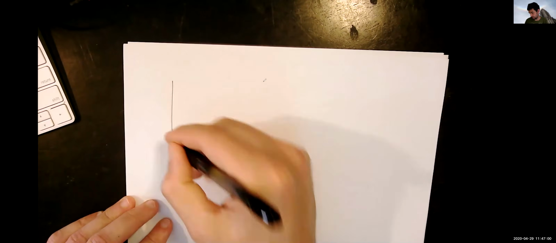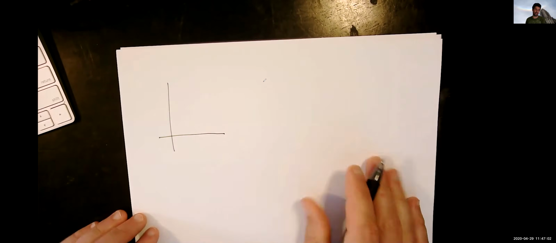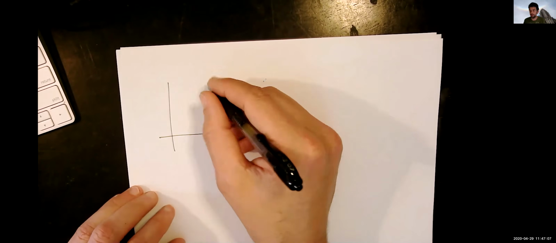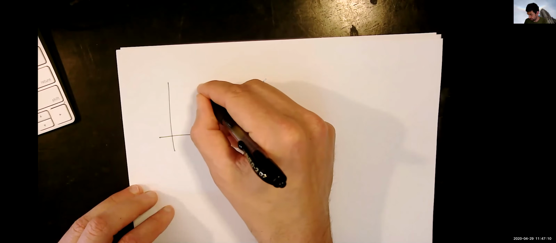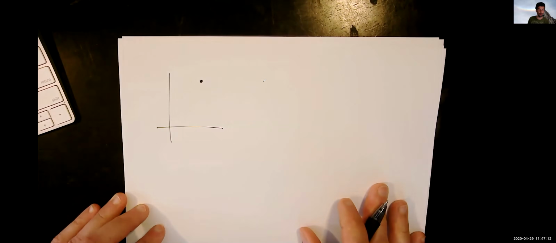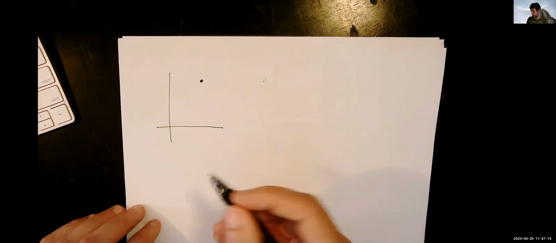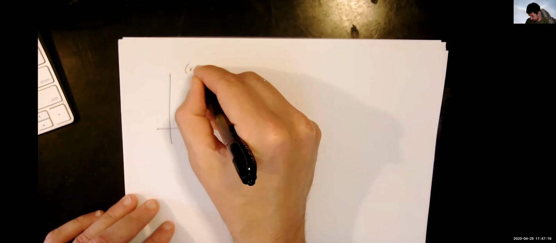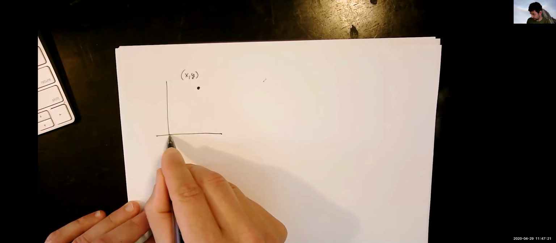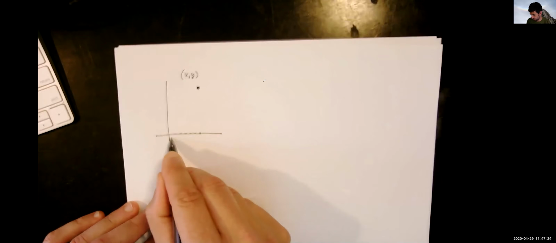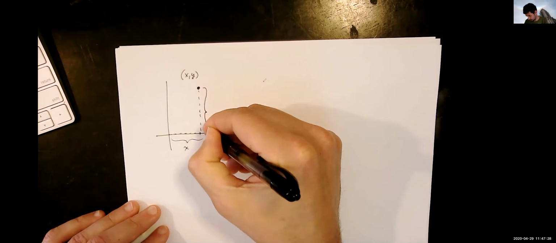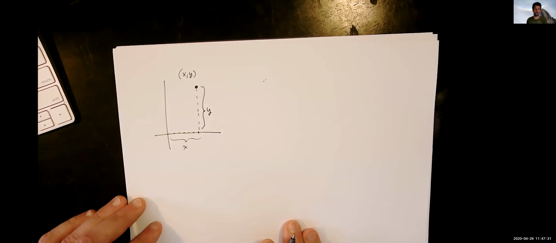So let's start a new page. Let's say I have a point. I'm just going to look in the first quadrant just for convenience. This would work in any quadrant, essentially. There's some little things we'll have to be careful of, but we'll talk about those as they come up. There's a point, right? Now, I can describe this point using Cartesian coordinates, meaning I say how far to the right it should move and how far up it should move.